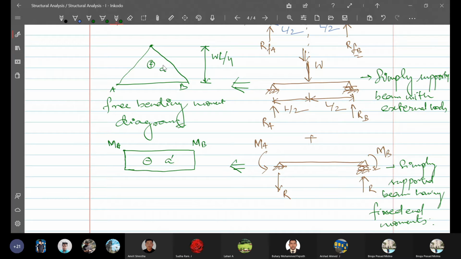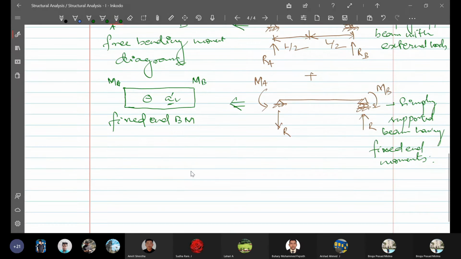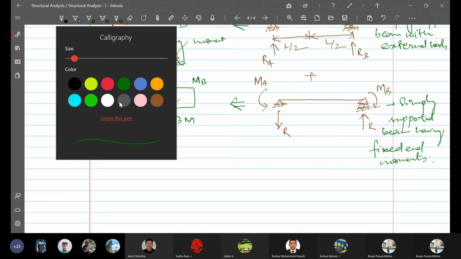Let us say the area of the free bending moment diagram is A, and the area of the bending moment diagram for the fixed end is A dash. If we combine these two diagrams, what will be our net or resultant one?